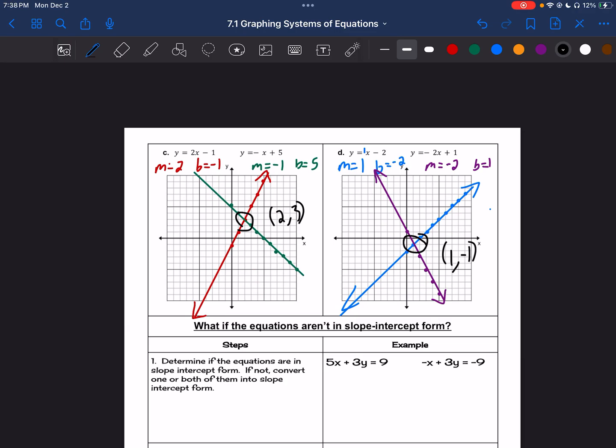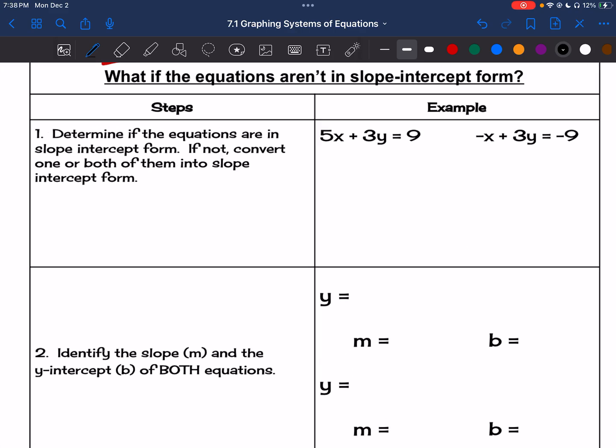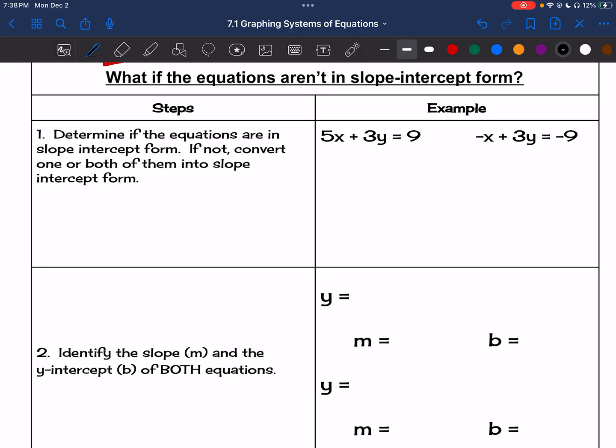All right, now, you might be asking yourself, what about the rare occurrence that Mr. Boland does not give you a line in slope-intercept form already? What do you do? Well, the first thing you should do is put it into slope-intercept form, because we want to graph these.